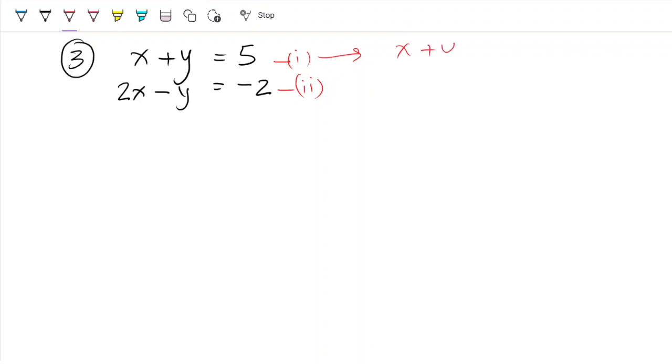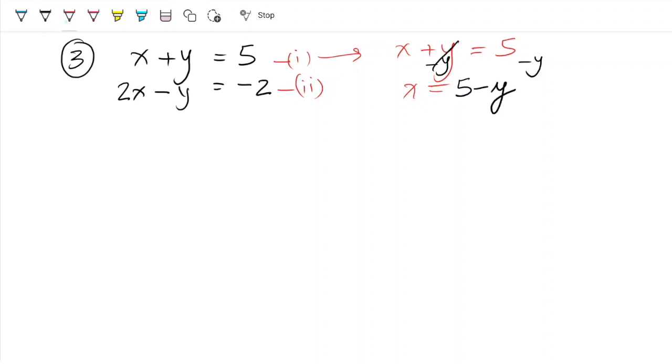So x plus y is equal to 5. If I want to know the expression for x, I will remove the y. To remove the y, I'll do minus y on both sides. This is also known as changing the subject of formula. So we are just making x the subject of formula. We are isolating x. Once we remove y from the left side and it goes to the right side, x is now equal to 5 minus y.